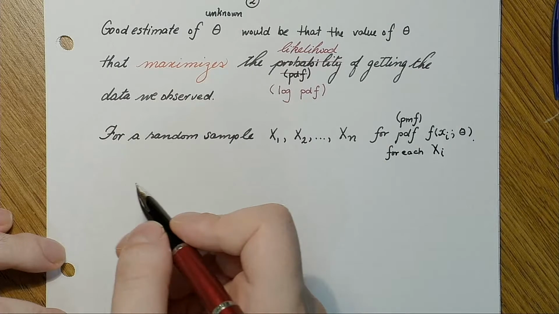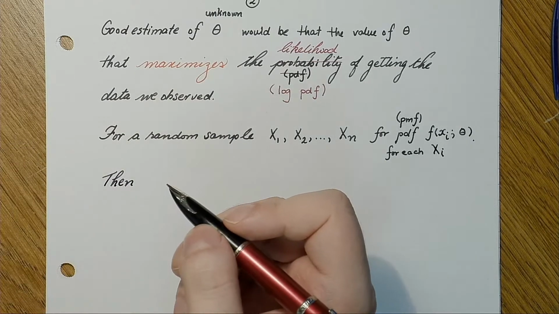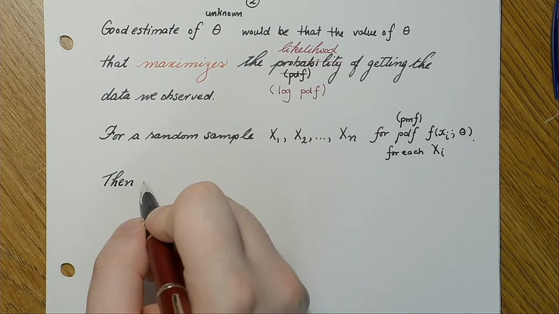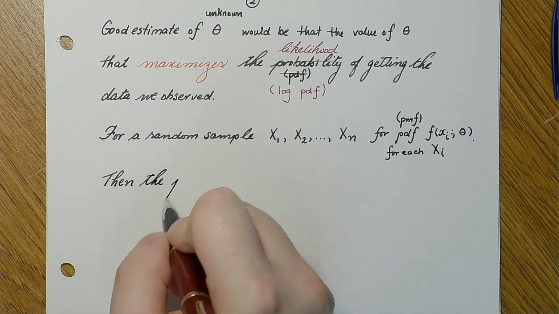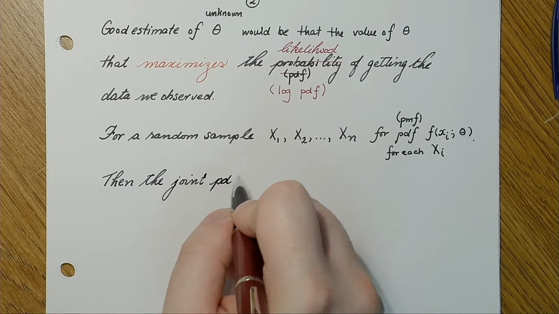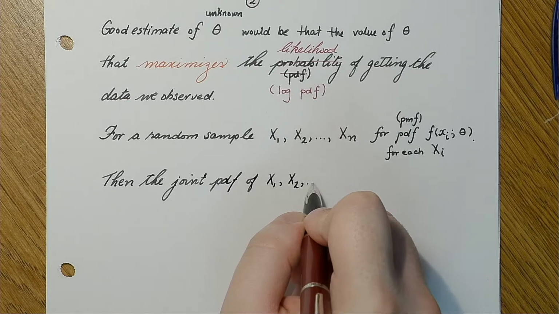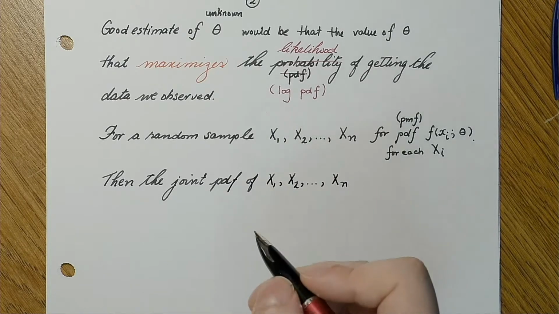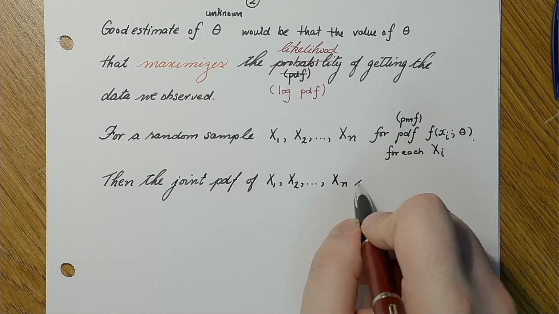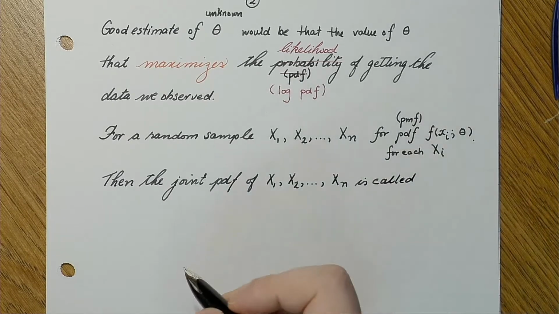We have a random sample. So then what we do is we want the joint probability mass or density function.